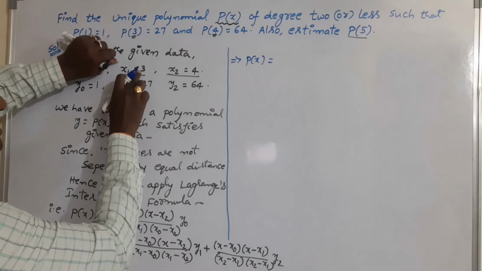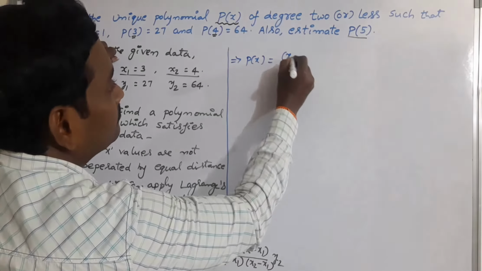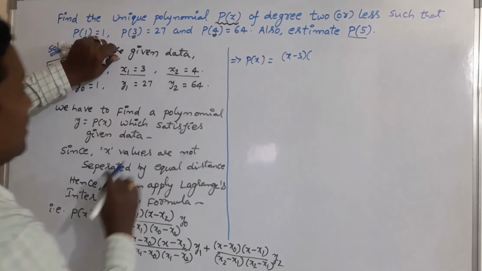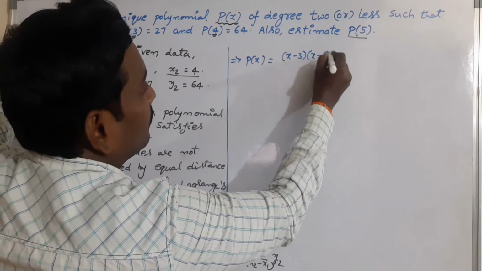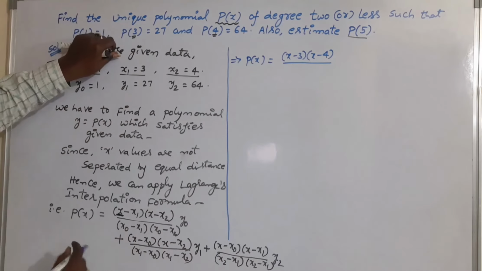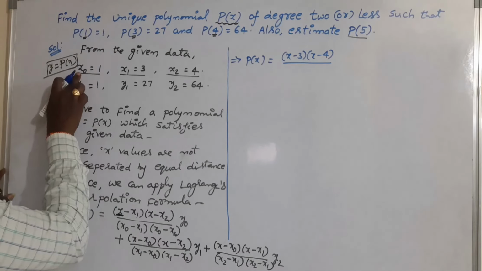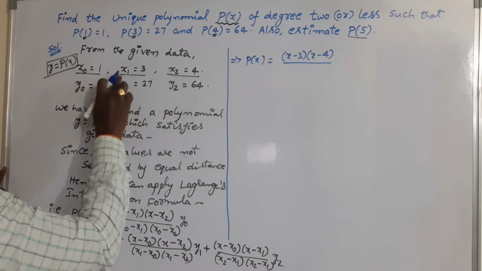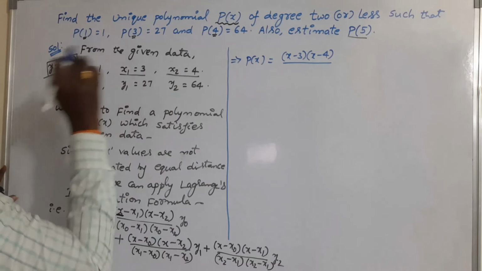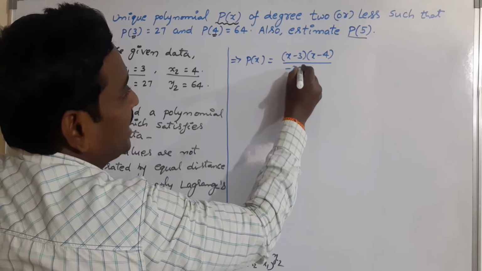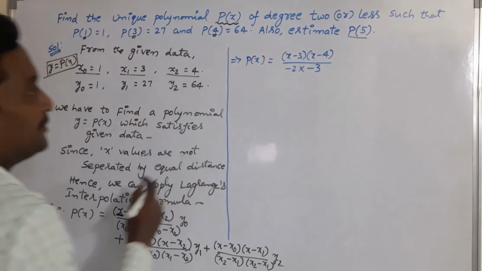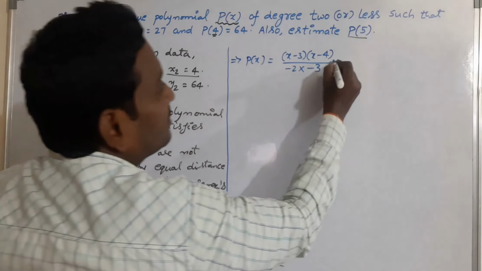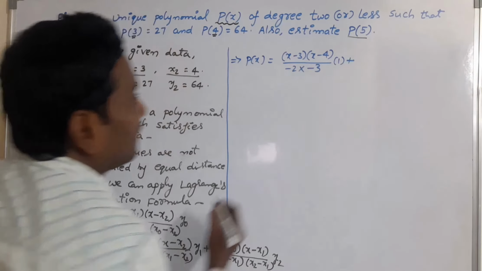So x minus x1 is nothing but x minus 3 into x minus x2, which is x minus 4, over, open this x naught and subtract the remaining terms of x with x naught. So 1 minus 3, minus 2, times 1 minus 4, minus 3, into y naught. Y naught is simply 1, plus.